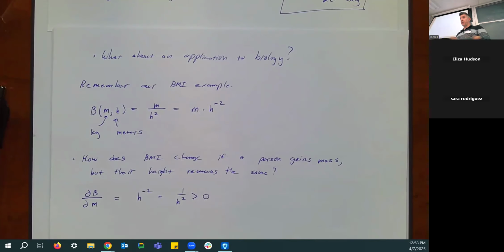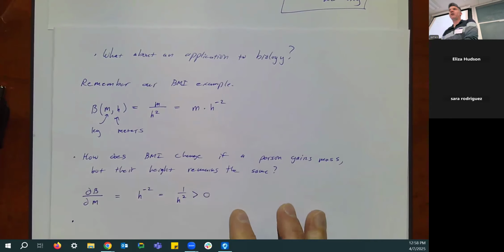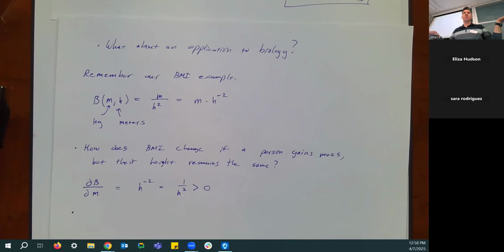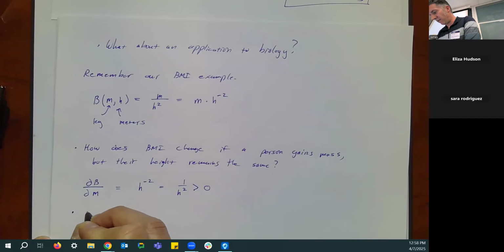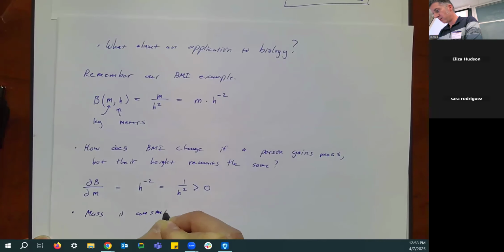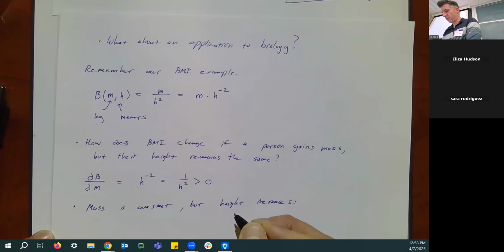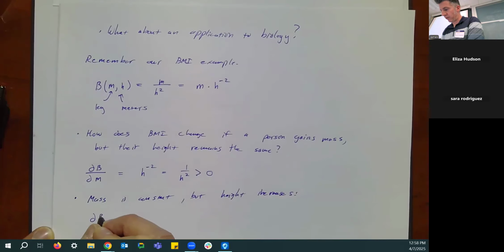So not surprisingly, if the mass increases, the BMI is going to be larger. In a similar way, what if your mass stayed the same, but you got taller, which is less likely to happen in adulthood, but you know. So if your mass stays constant but the height increases, then we're asking, what's the partial derivative of the BMI with respect to the height changing?